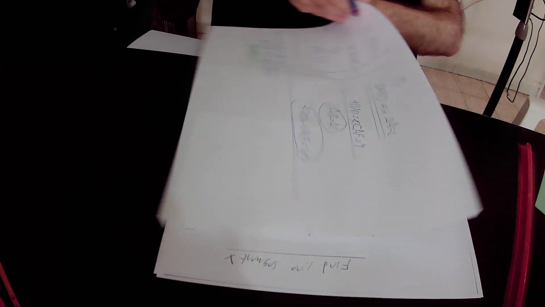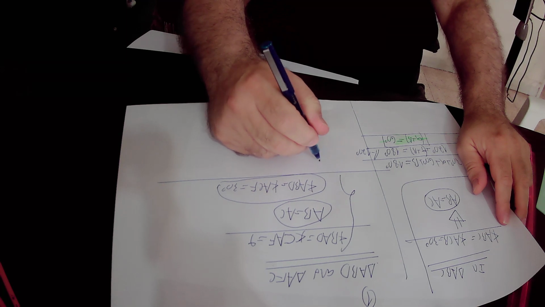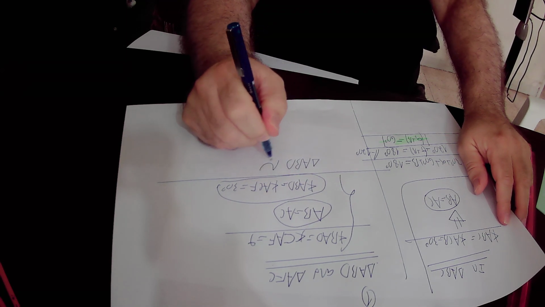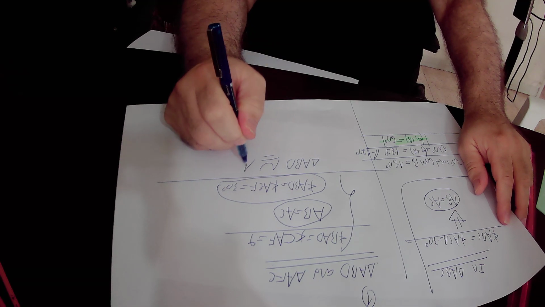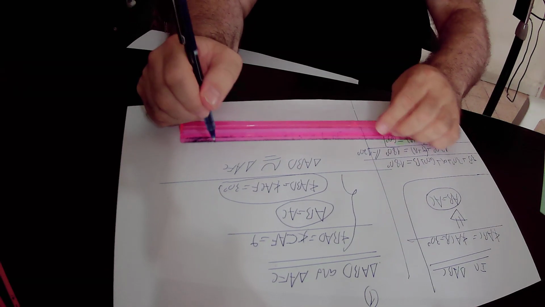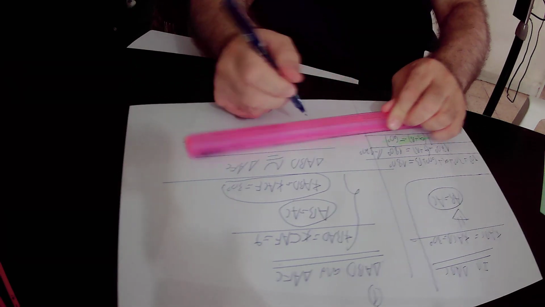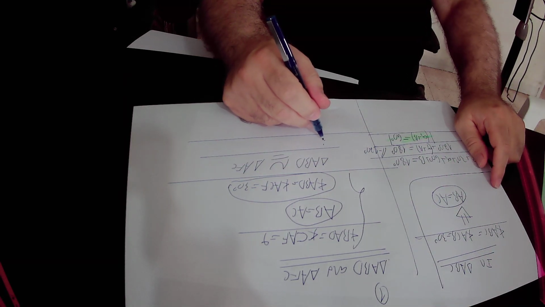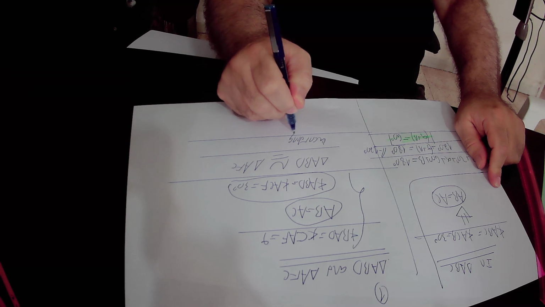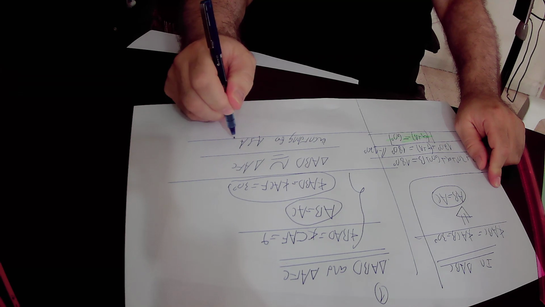So actually, we proved that triangle ABD is congruent to triangle AFC, according to the angle-side-angle rule.